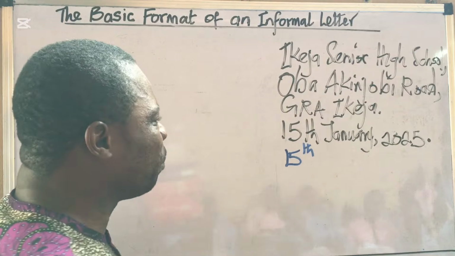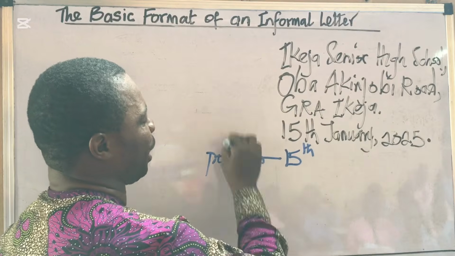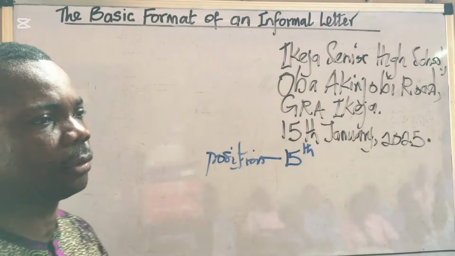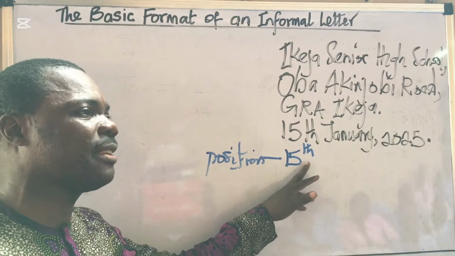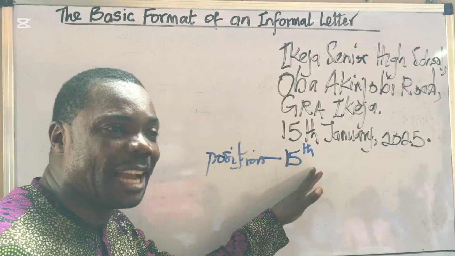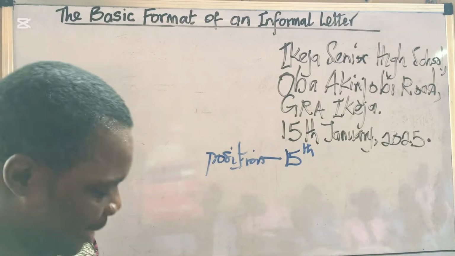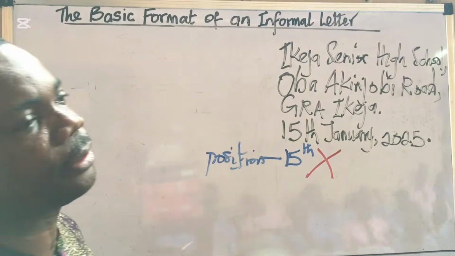This one means position. Like we are talking about the 15th position. Or someone took the 15th position in a class. So you are going to write 15 raised to power TH as in mathematics. This is grossly unacceptable in letter writing.